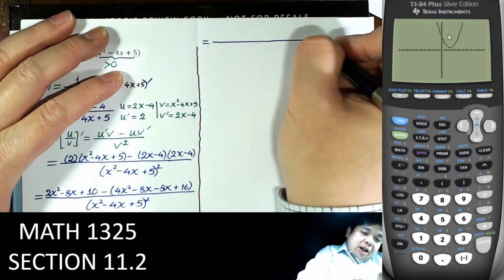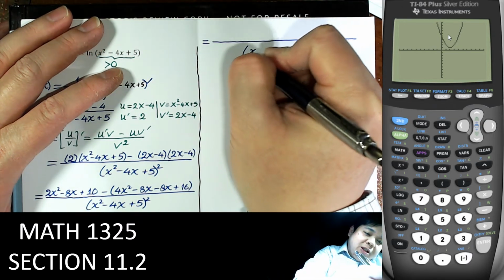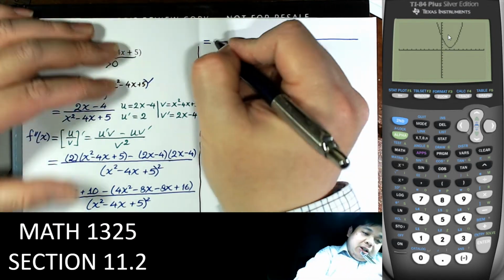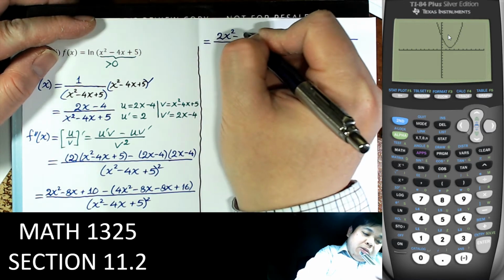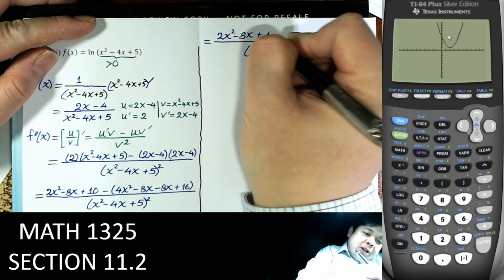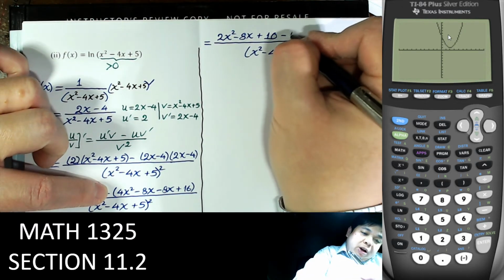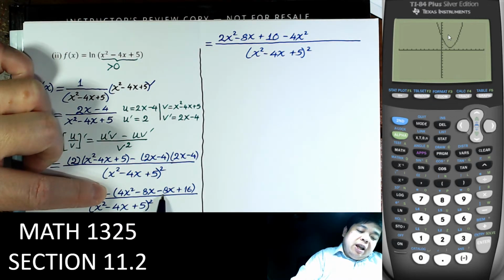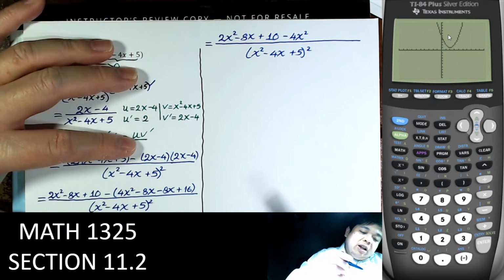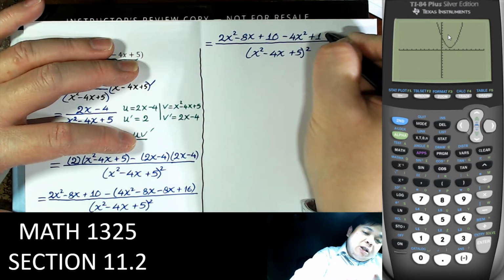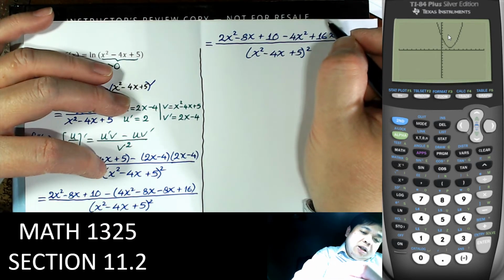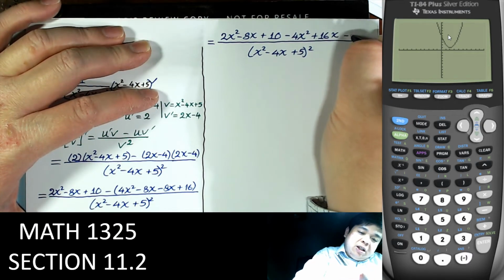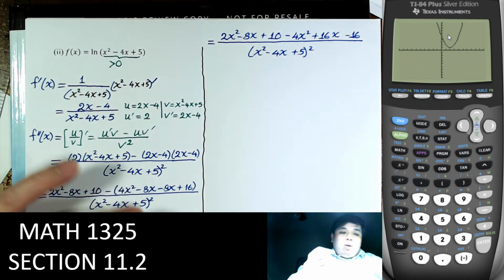Remove the parentheses and then combine like terms. 2x squared minus 8x plus 10 minus 4x squared, plus 16x, and then minus 16. Right, combine like terms.